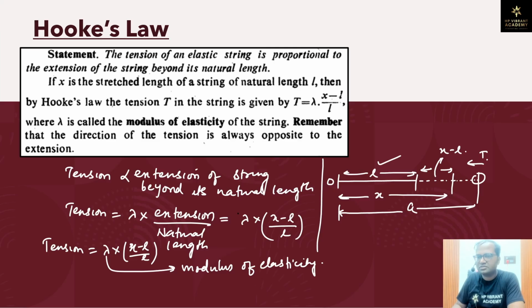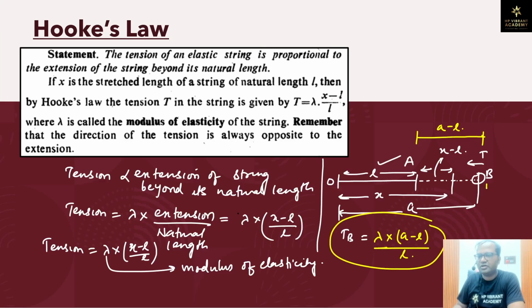Let us name this point as O, this is A, this is B. So the tension at point B: with respect to the natural length, the extension is A minus L. So the tension is lambda into A minus L upon L. This is our tension at point B.